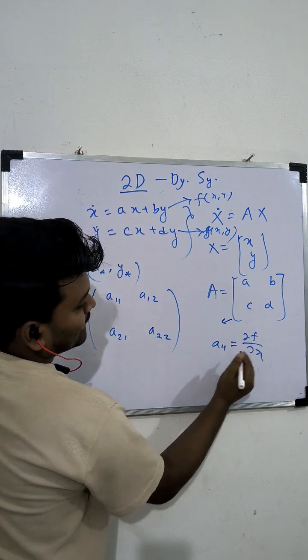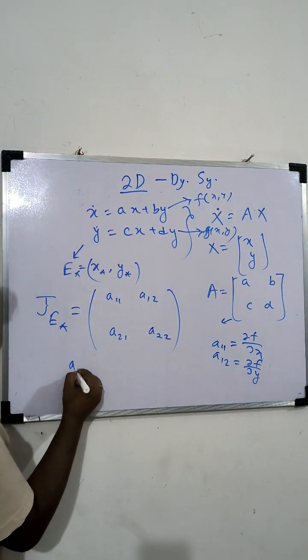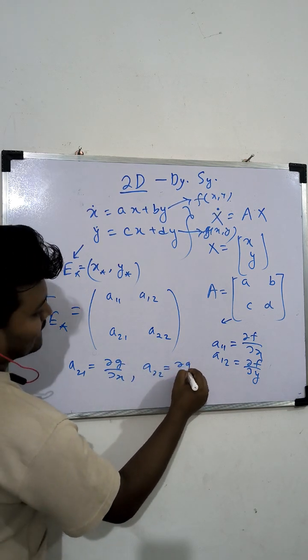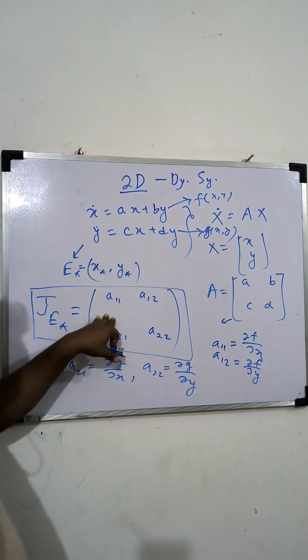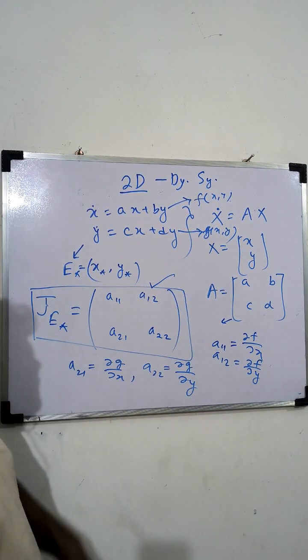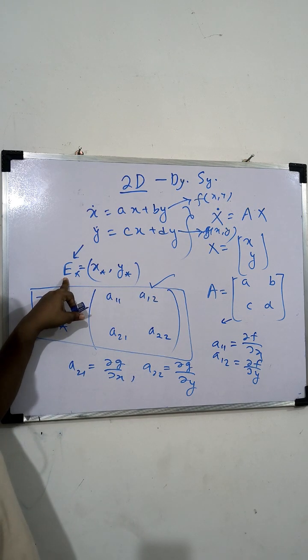So a11 is del f del x, a12 is del f del y, and similarly a21 is del g del x and a22 is del g del y. Then you will get this Jacobian matrix, and on the basis of the sign of the eigenvalues of this Jacobian matrix, we can say what type of characteristic this equilibrium point has.